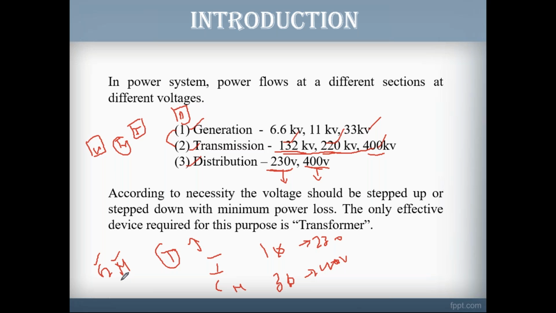There are no rotating parts. That's why the losses generated in the transformer are minimum, and its efficiency is more compared to the generator and motor.